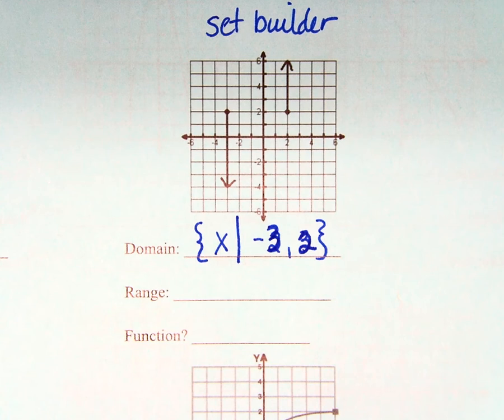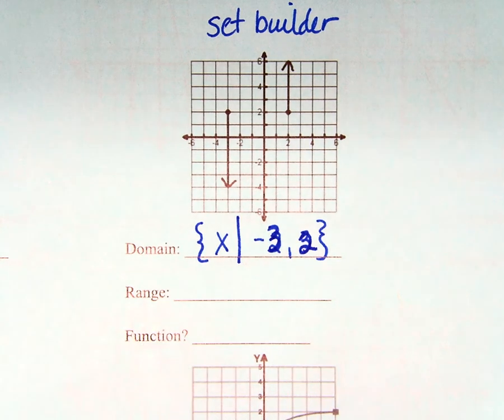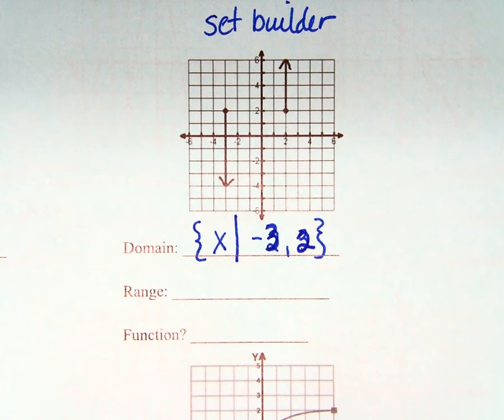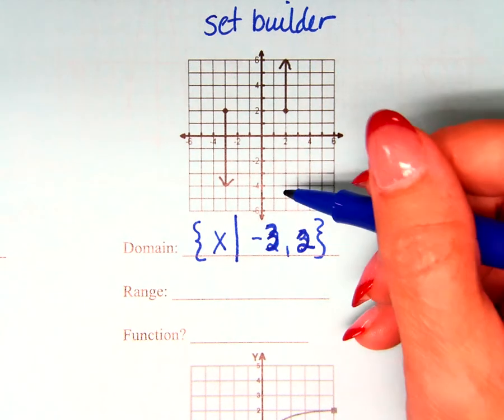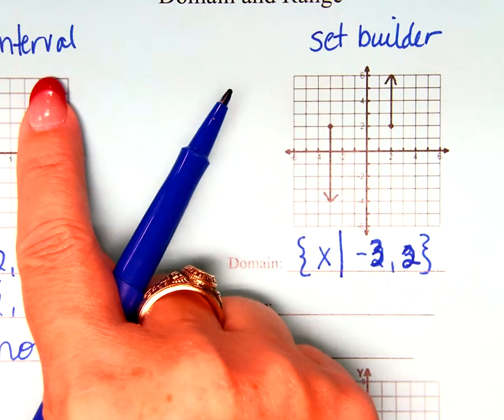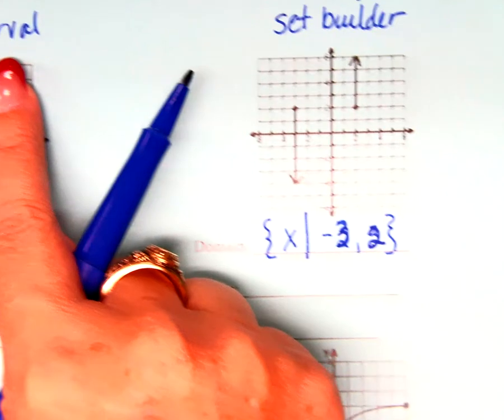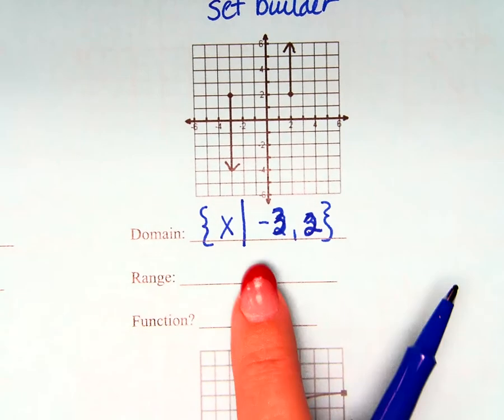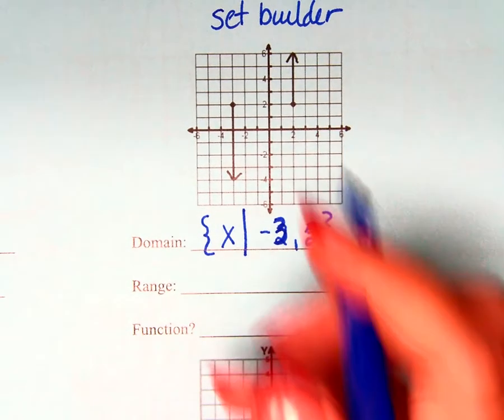Okay? All right, what about the range? How far down and how far up? Those are our y values. It does. To where? So if we were writing interval notation, it would be easy, -infinity to +infinity, right? We all know that. But we need to make sure we understand set builder notation.